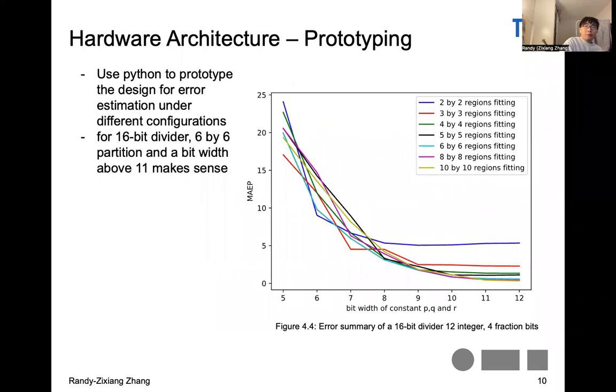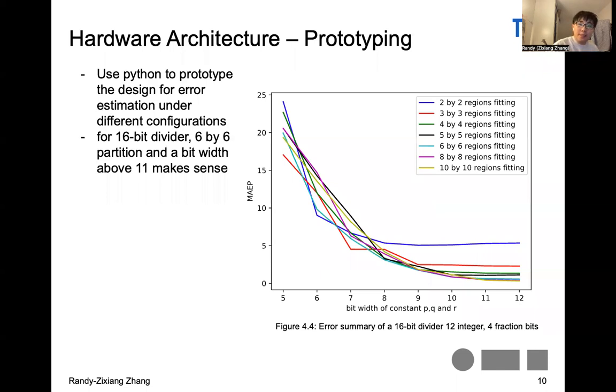But before we do this low-level implementation in HDLs, a Python prototyping study is done to collect the error information: how much bit width we're using, and what kind of partition scheme, since different partition schemes give us different errors, and how much error we're expecting.